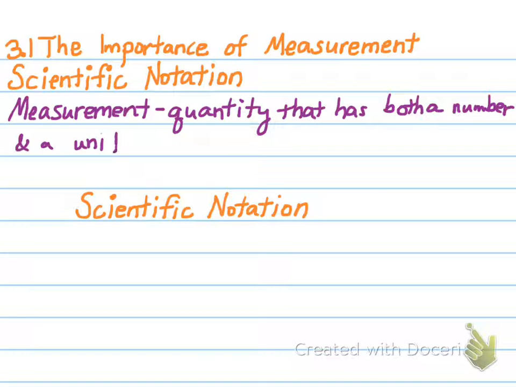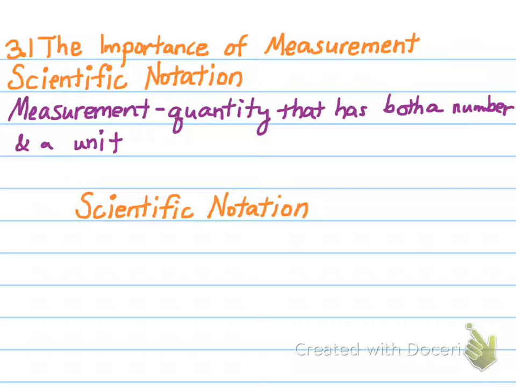So a measurement really never makes much sense without a unit. To say that something is 20, I don't know, 20 what? 20 feet? 20 miles? 20 kilometers? Okay, so again, pay attention in chemistry. Any kind of number you have always should have a unit on it.